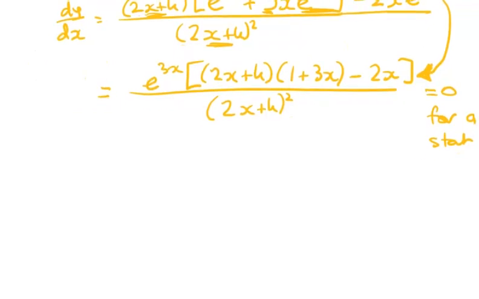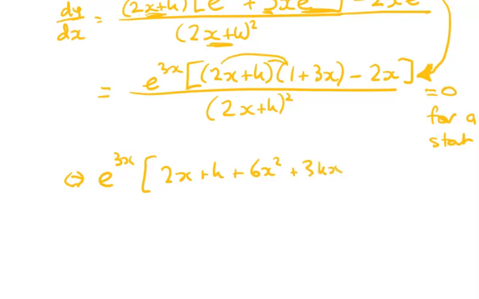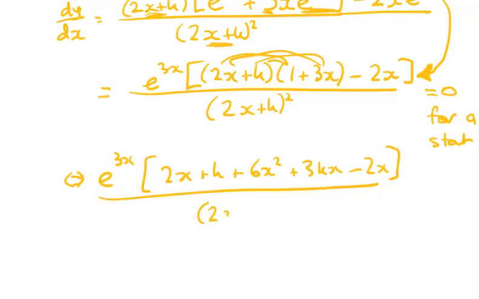So let's have a look at what we've got. Well, we can do a bit more expanding. We've got e to the 3x, and then we've got 2x plus k plus 6x squared plus 3kx. That's just expanding all of this. Take away 2x, and we'll leave the denominator as it is.